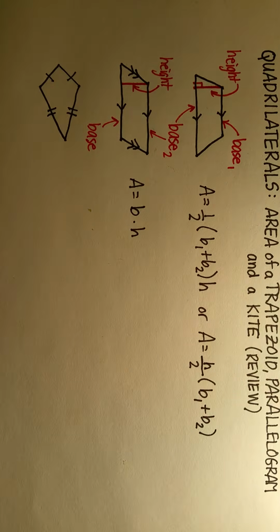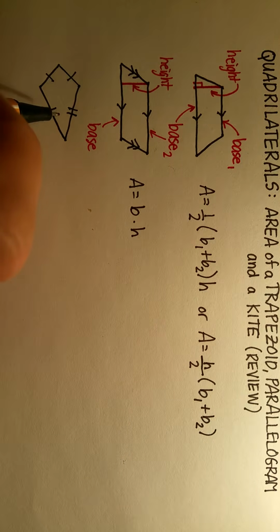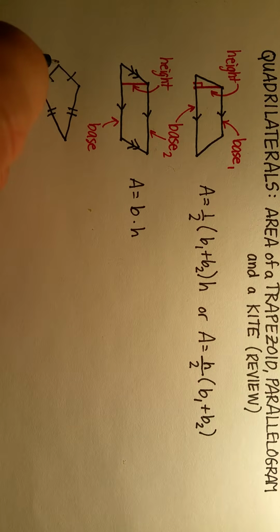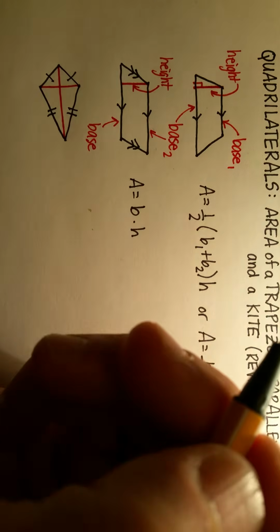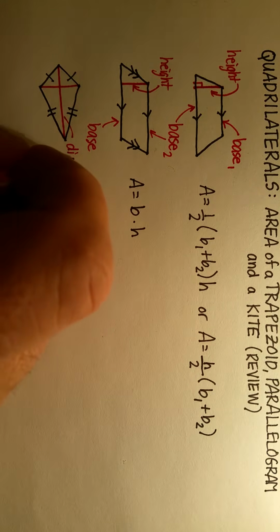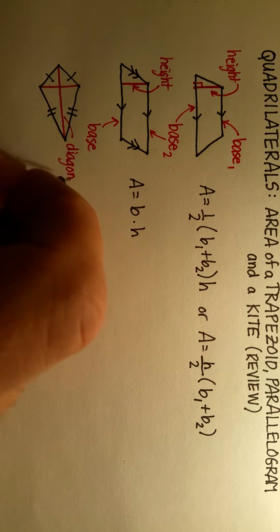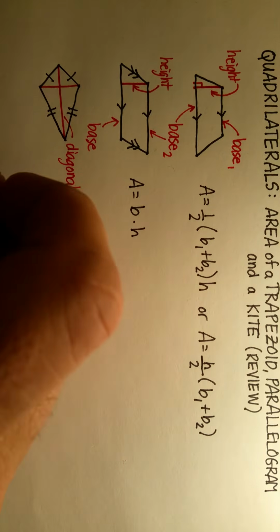Now, one of the interesting properties of this particular kind of kite, by the way, there are other types of kites, but we don't have to talk about that at the moment, is that these lines that cut across a kite are called diagonals. Okay? And just like there are two different bases, there are also two different diagonals.